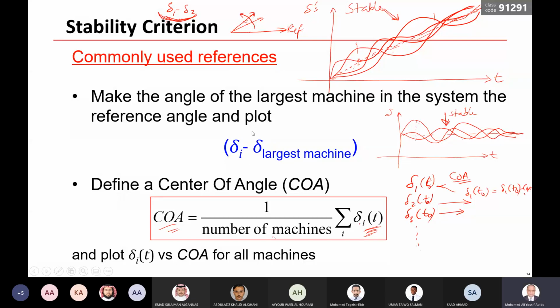So you need the angle difference here. What we are interested in is the angle difference. The angle difference means the machines are coherent. They are tied to each other. So they are still in synchronism. They are running together. So the system is stable here.